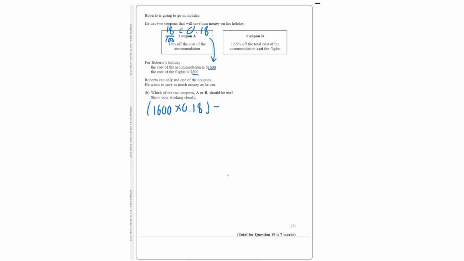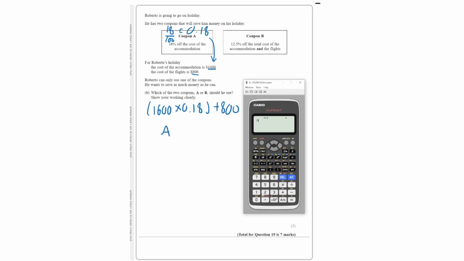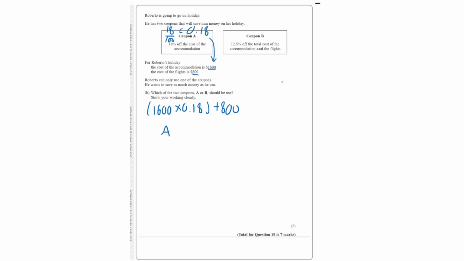So we have to add the cost of flights, which is 800. Therefore, coupon A will save, bracket, 1,600 times 0.18, close the bracket, plus 800. That gives us 1,088. A saves $1,088.